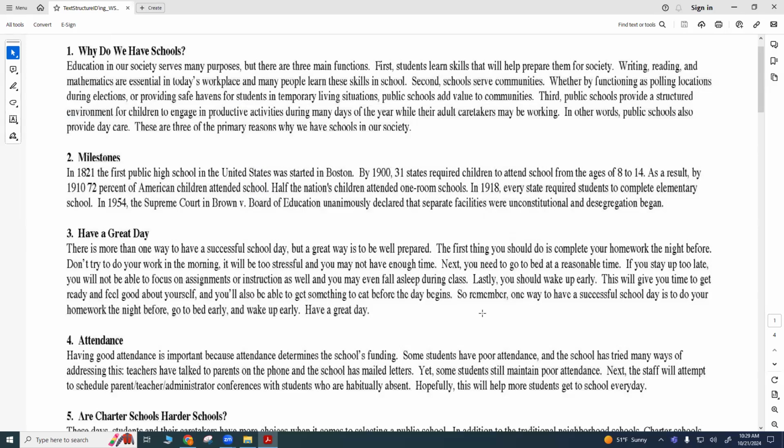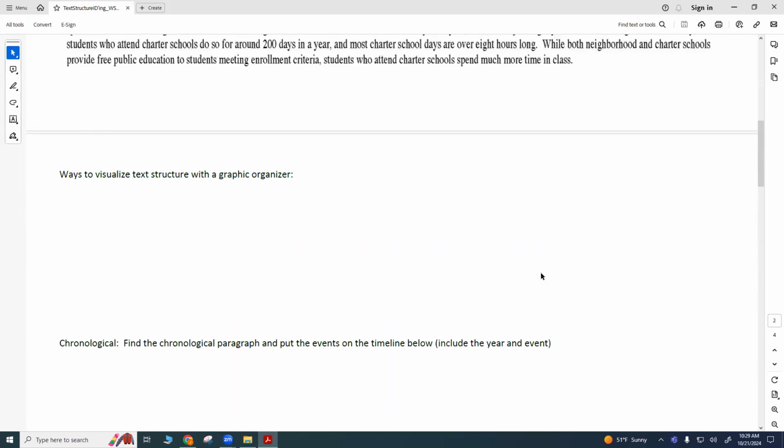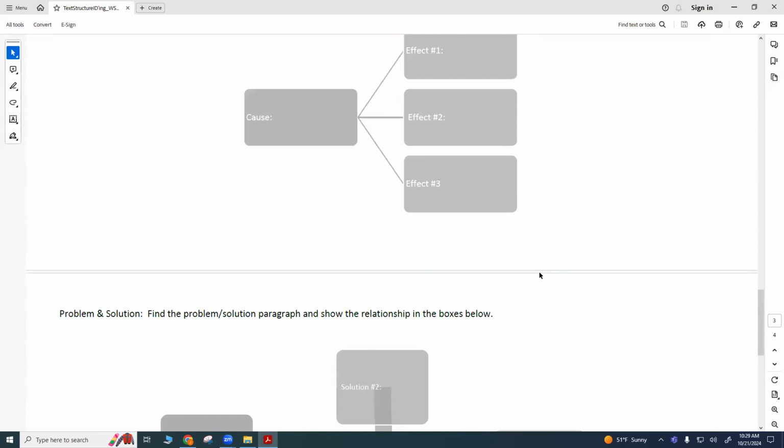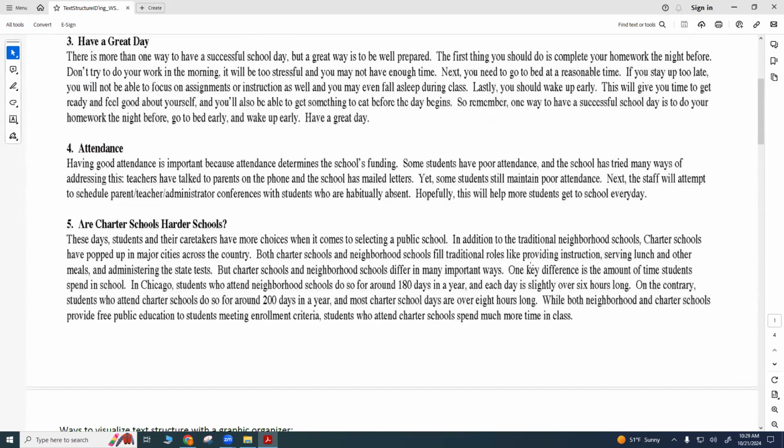For these 5 passages, we have one chronological, one sequence, one cause and effect, one problem solution, and one compare and contrast.